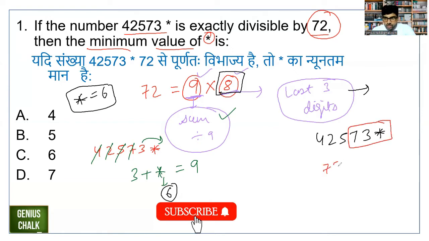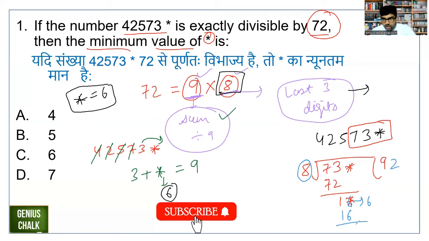Let's check if it is divisible by 8. 8 nines are 72, so 1 star. Can you tell me what can be the value of star if this is divisible by 8? It has to be 6, because if this is 6, it is 176, 8 times 22 is 176, and the remainder is 0. Again the same value of star is coming, that is 6.